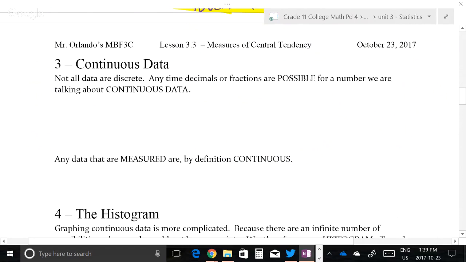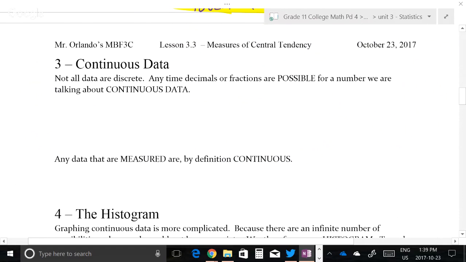Any numbers that work that way are continuous data. Anytime you're measuring the length of something, that's continuous, right? Because all lengths are possible. And if you have more accurate tools, you can get finer and finer decimals or finer and finer fractions. Does that make sense? It's kind of an esoteric concept.